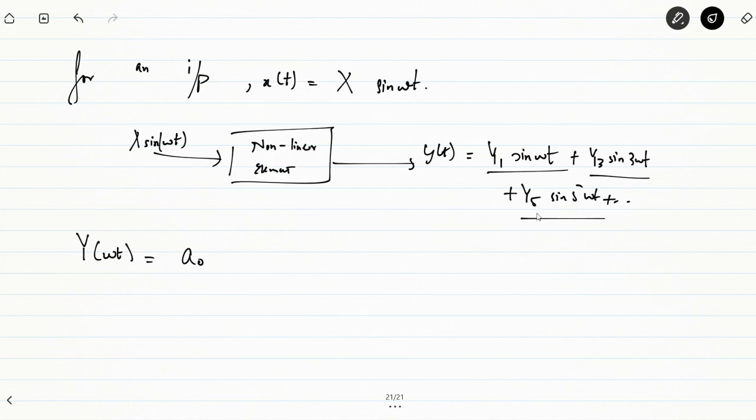And we cannot actually neglect after some magnitude. So these can be represented by the Fourier series as a0 plus summation n equal to 1 to infinity of an cos n omega t plus bn sin n omega t. Fine.